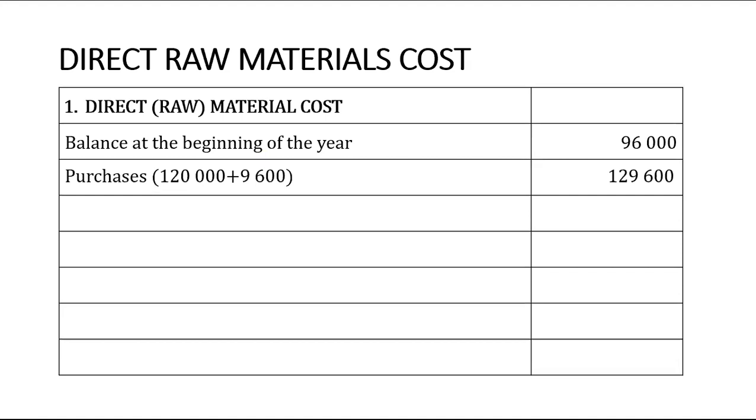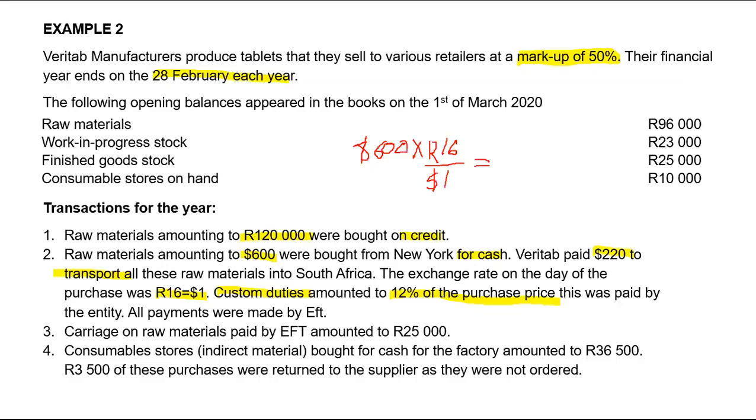Then they gave us carriage. They said that carriage on purchases was $220. Similarly there, for me to change this $220 to rands, I'm going to take that $220, multiply it by 16 and divide it by just $1.